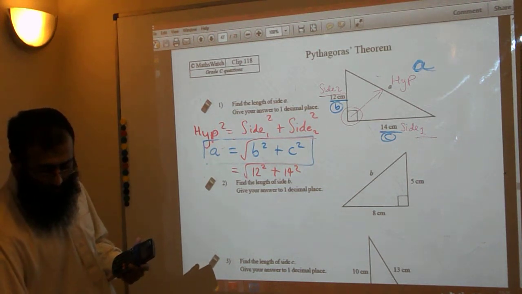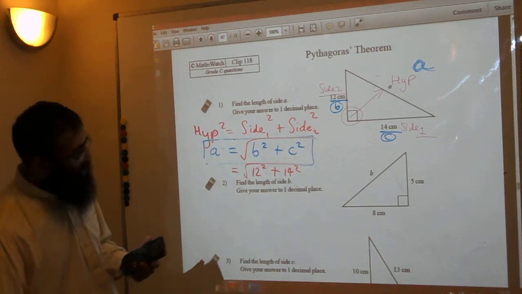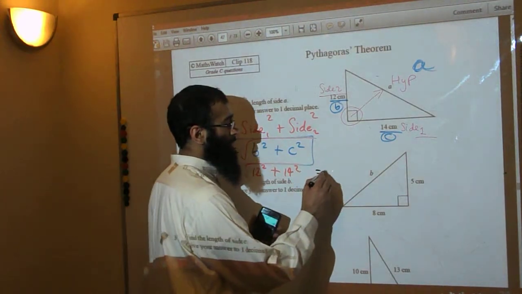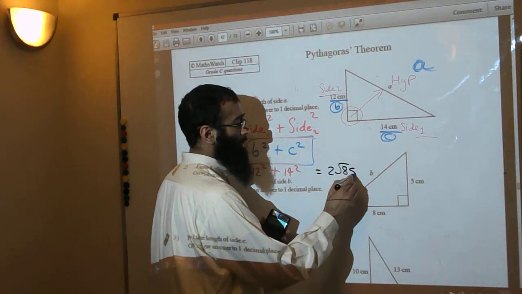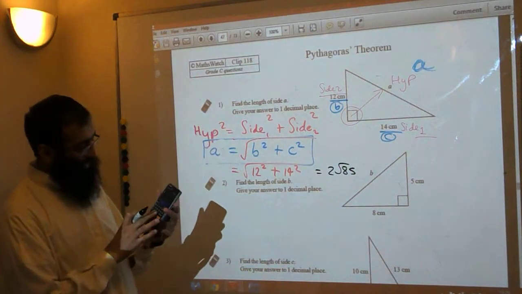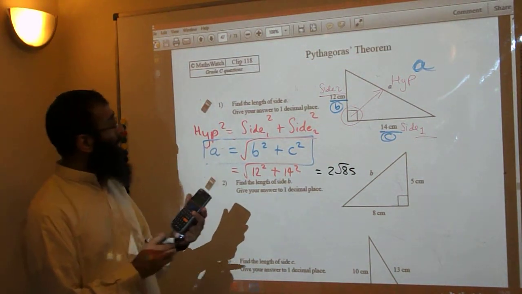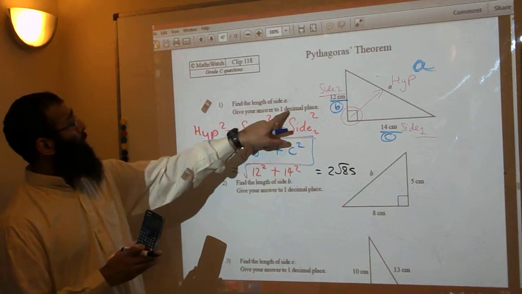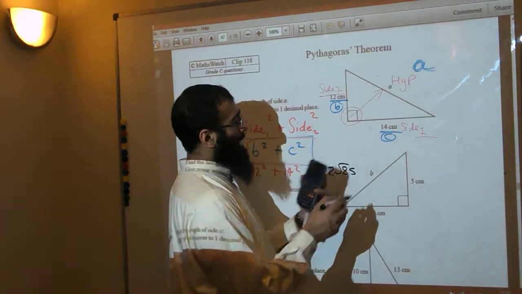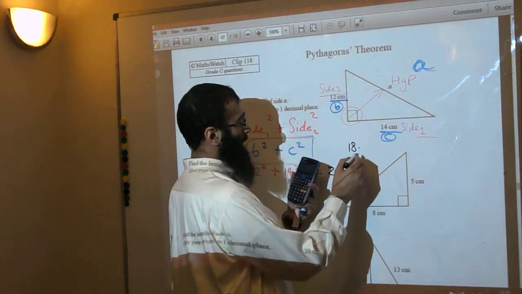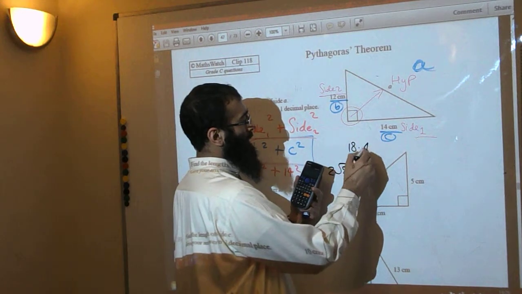Well, it's given me an answer of 285. On this kind of calculator, you press the SD button, and it'll give you a decimal version. We need an answer to one decimal place. So I'm getting an answer of 18 point.